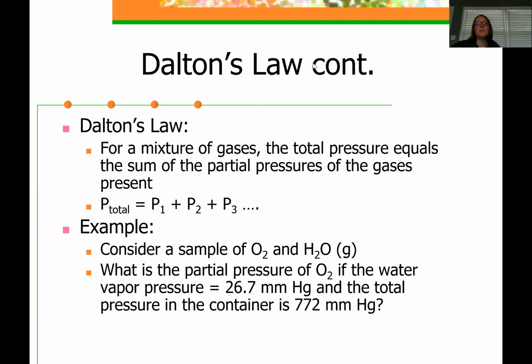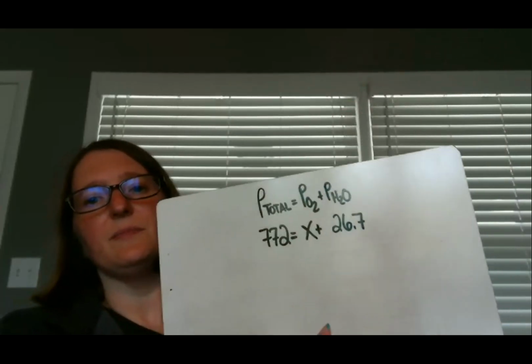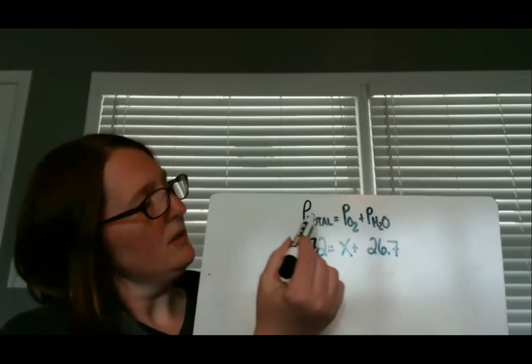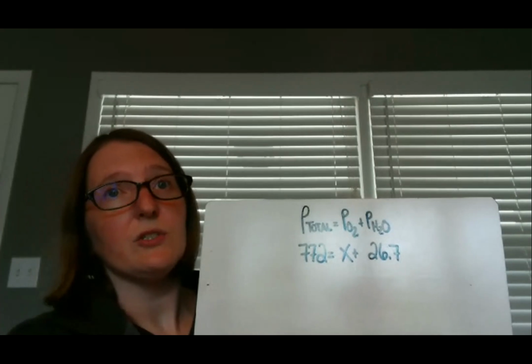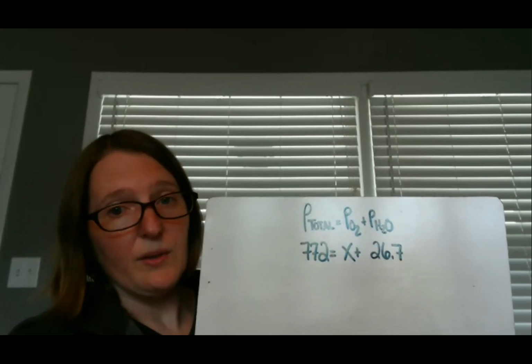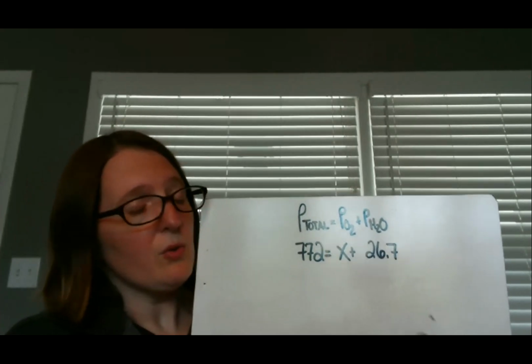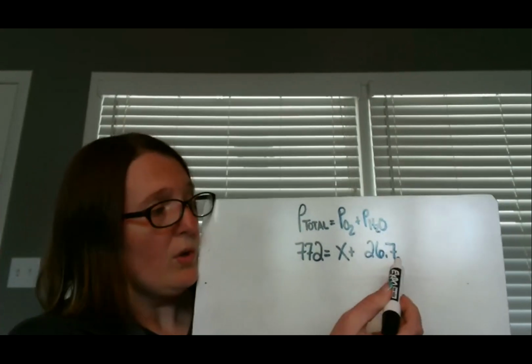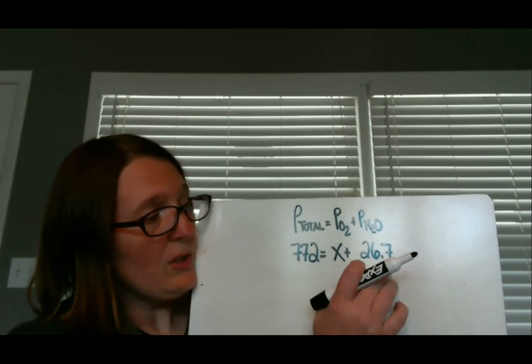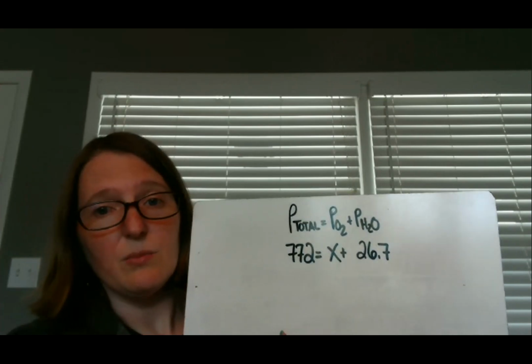All right, so let's take a look here. We're going to use our equation, right? P total equals the partial pressure of oxygen plus the partial pressure of water. And so we just plug in. We were told the total pressure was 772. We don't know the partial pressure of oxygen, but we do know the water vapor was 26.7.